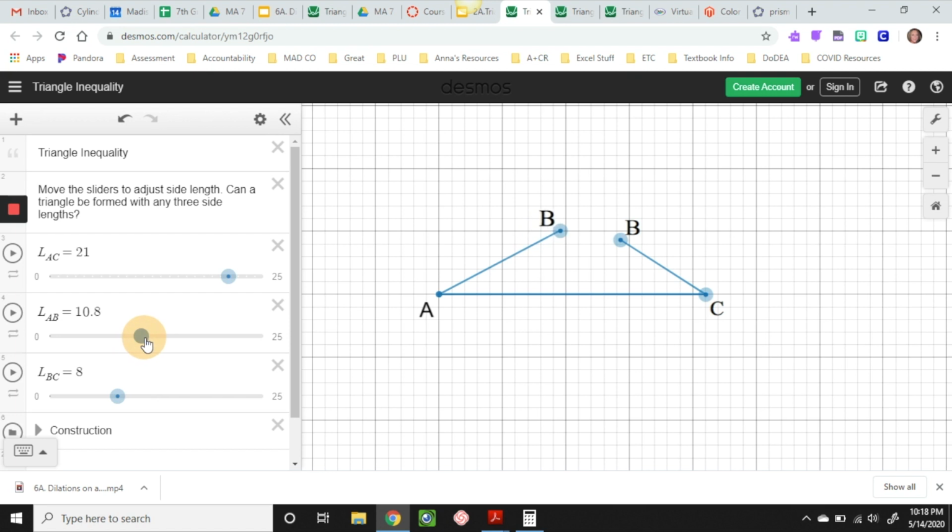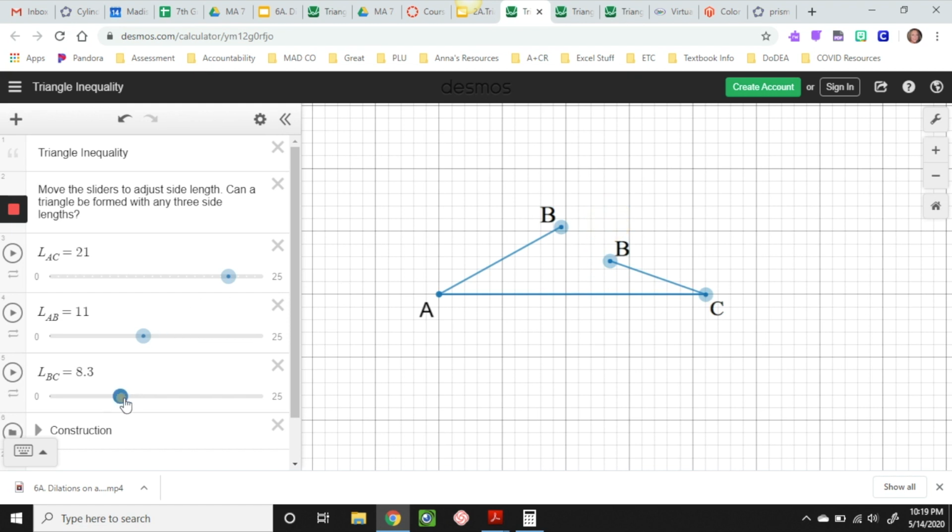Now, if I were to bump this up a little bit, let's make it about 11. Okay, now let's see if that's going to work. Now, some of you are like, well, no, Tina, because we already see here that 11 plus 8 is 19, and that's still not bigger than 21, and you would be correct. But what's nice about this applet is we can try, as much as we want to, to make those connect. And you can see even when they lay flat on the line, they do not connect to each other.